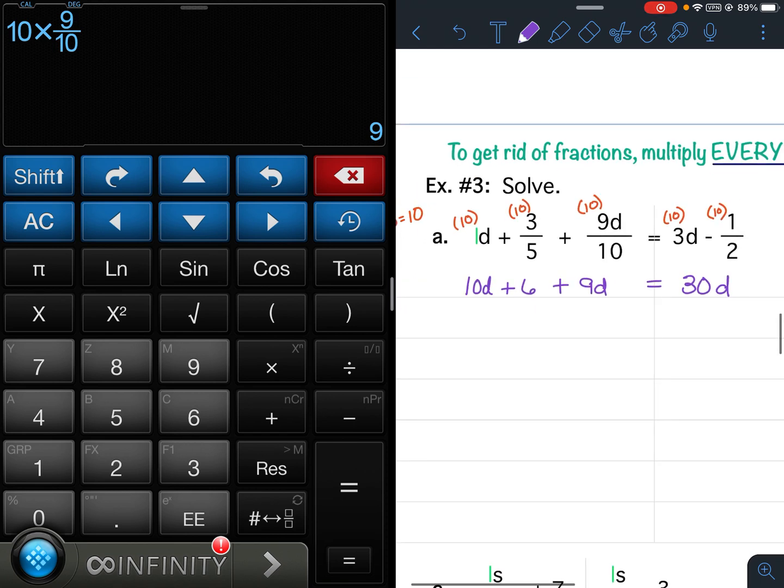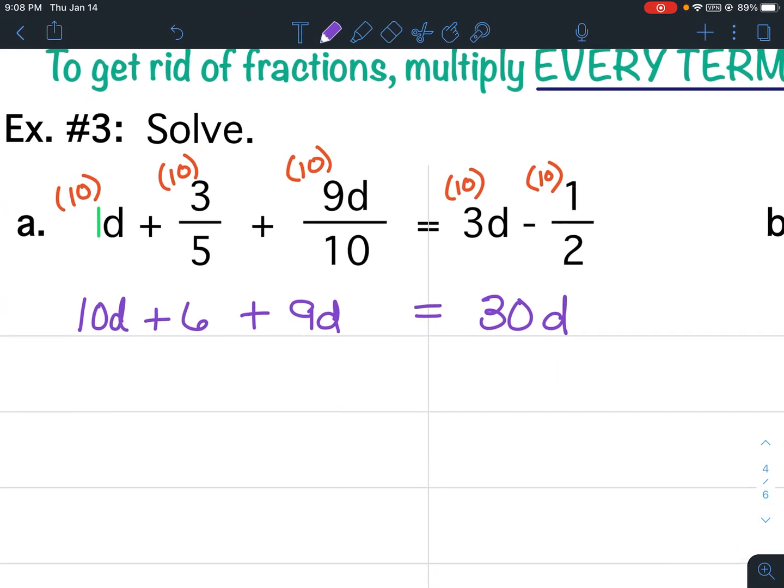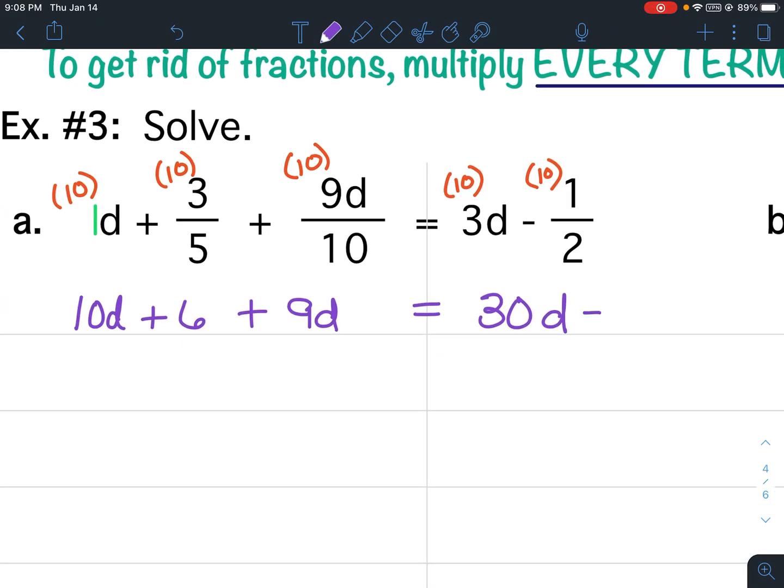And then last, 10 times 1/2, or half of 10. What's half of 10? That would be 5. So it's going to be minus 5. The signs don't change. You could actually ignore the signs on this first step and not change them. Just bring them down.